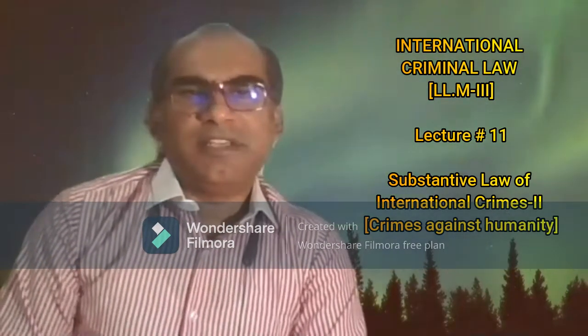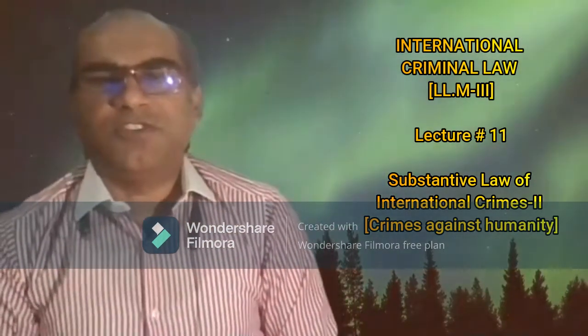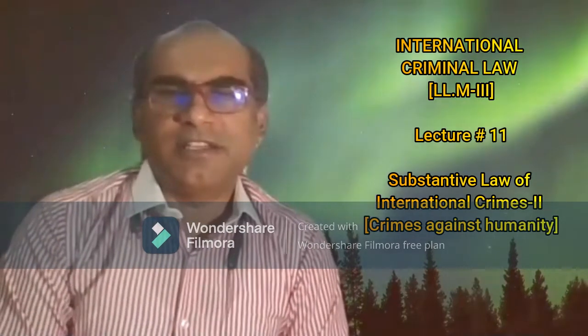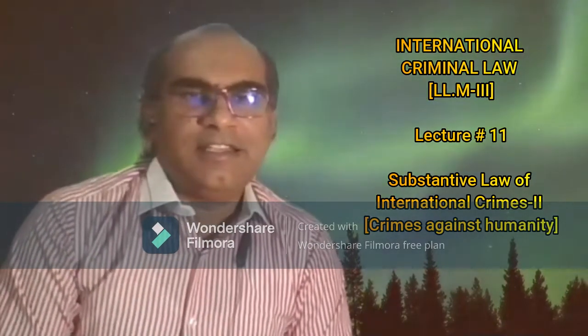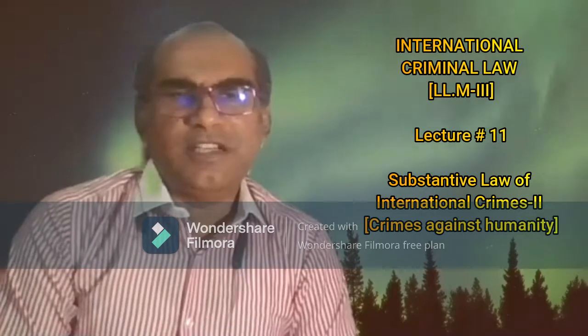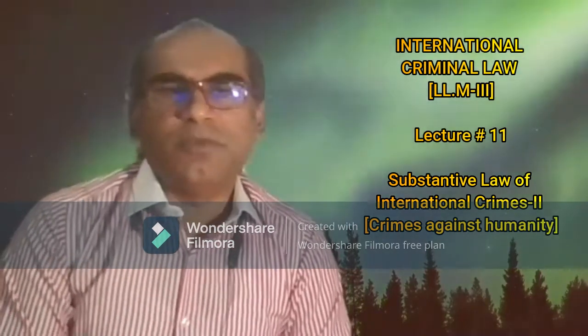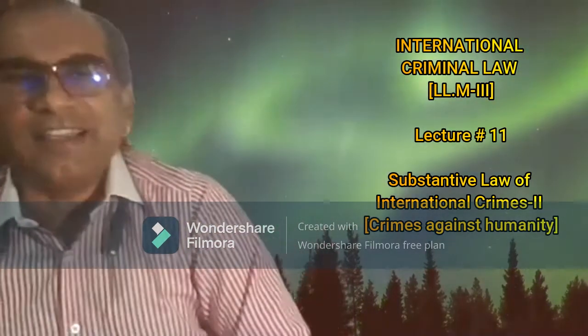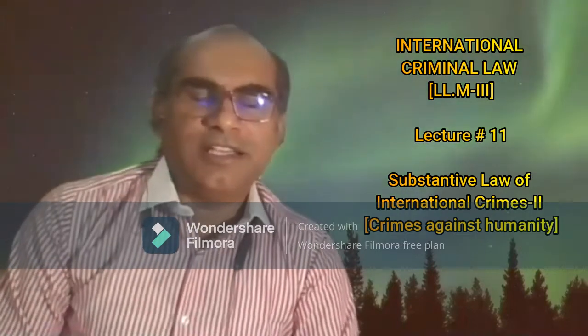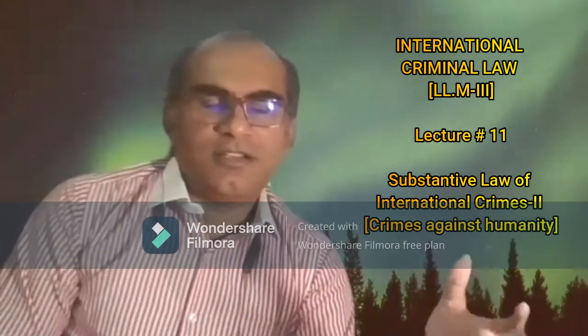The conduct was committed in the context of an institutionalized regime of systematic oppression and domination by one racial group over any other racial group or groups. The other elements are the same, which I have already mentioned earlier: widespread, and mens rea and actus reus.